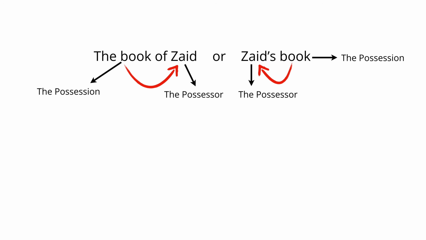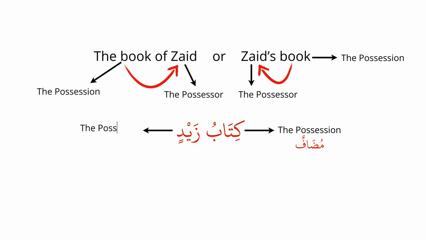The same phrase in Arabic is Kitabu Zaidin, where the noun kitab is the possession, and in Arabic it's called mudhaf, and the noun Zaid is the possessor, and it's called Mudhaf Ilaihi in Arabic.